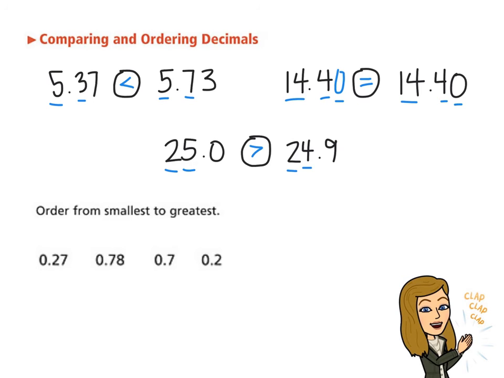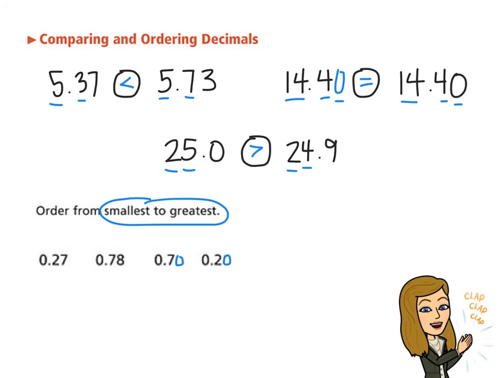The last one, we're ordering from smallest to greatest. Okay, key thing I want to remember is I have to go from least to greatest. So let's take a look at our decimals. We have 27/100, 78/100, 7/10, and 2/10. Well, what I'm going to do is so that they're all in hundredths, I'm going to add zeros onto these last two.